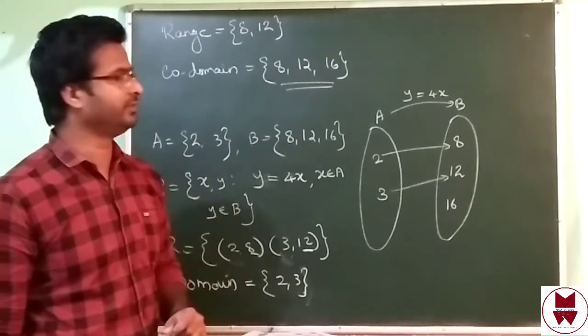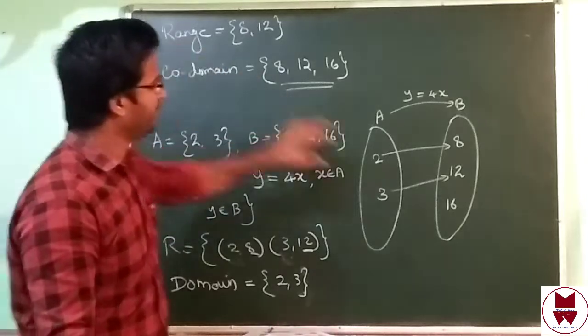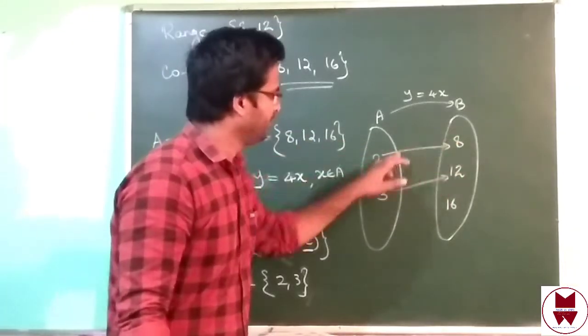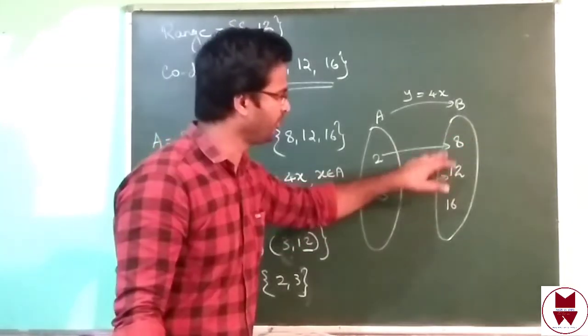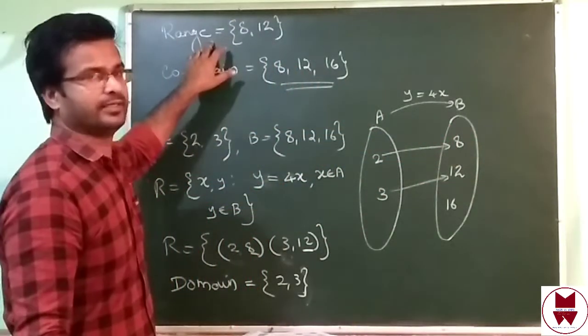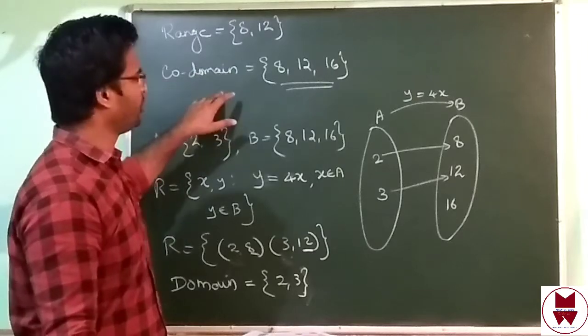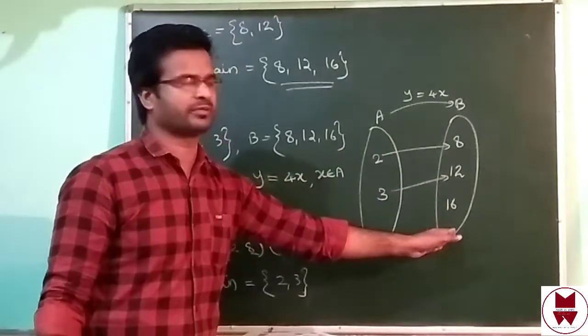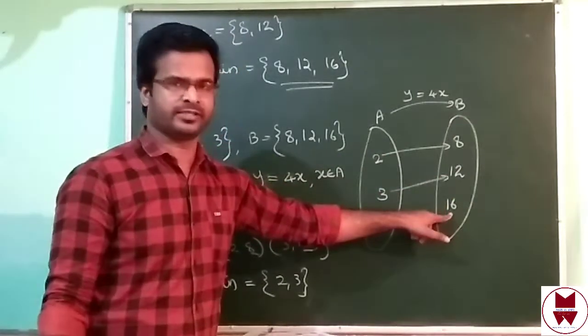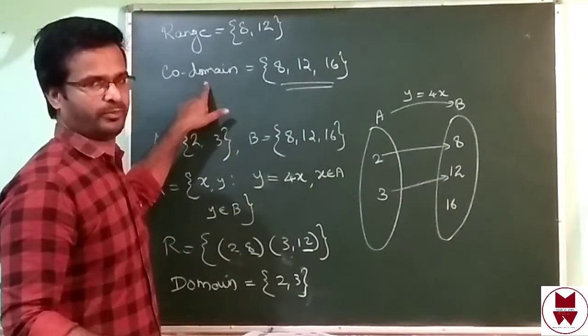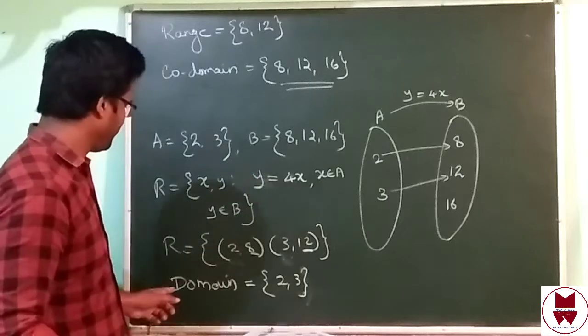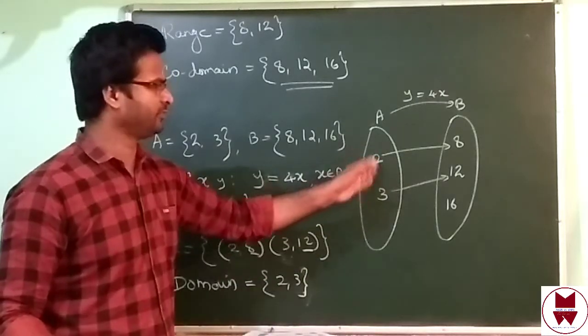Range means in here 8 and 12, because only with 8 and 12 some relation is there. We consider only 8 and 12 in the range. But when you write the codomain, we write all the elements from the second set. That means this 16 has no relation, but we have to write it in the case of codomain. That's the difference. Then domain means the first elements, 2, 3.